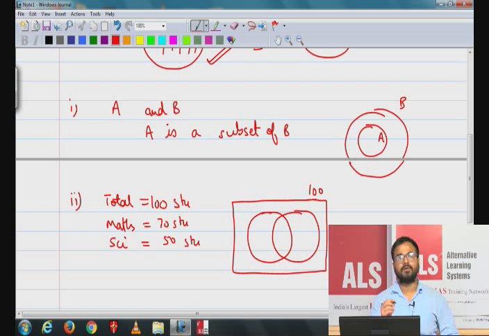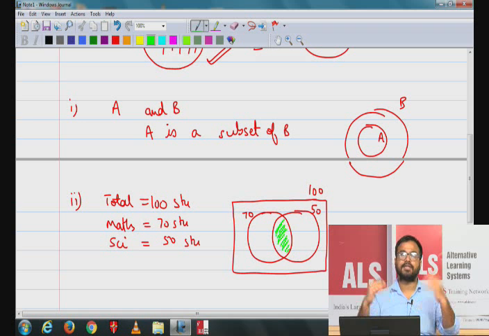It means some part is common between them: here are 70 students, here are 50 students, and this common part represents the students who study both maths and science. Then only can we say that the sum of the students studying maths and science exceeds the total.